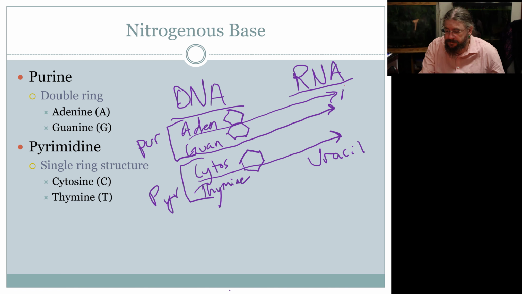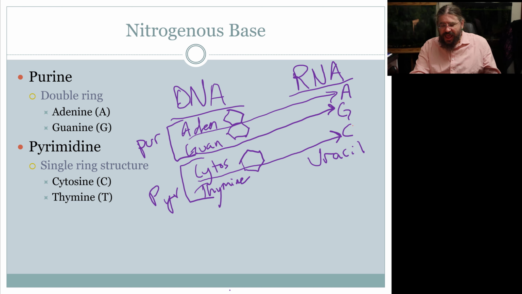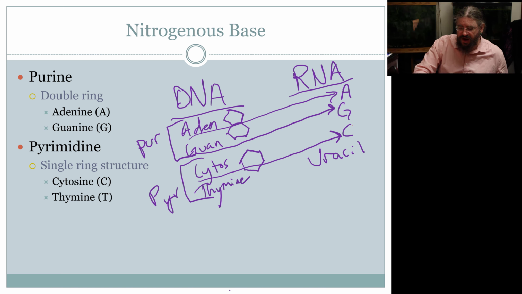So, both DNA and RNA have adenine, guanine, and cytosine. DNA has thymine, RNA has uracil. Ta-da! Not too terrible.